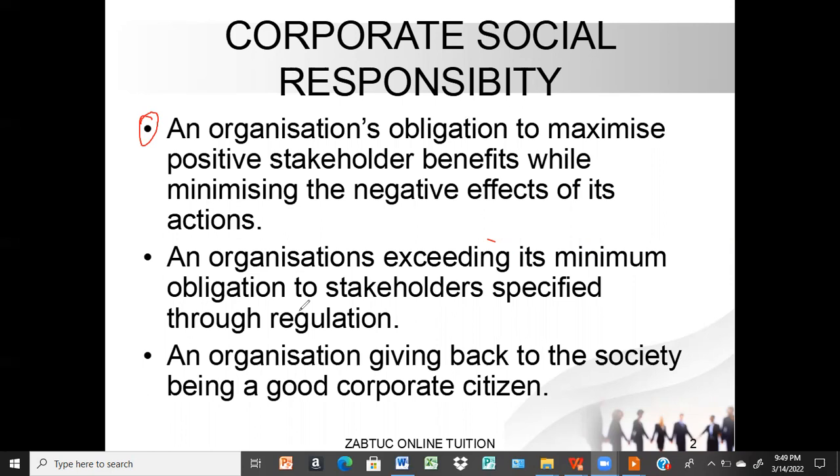What regulation states in terms of corporate behavior is just a minimum, but they want to beat that minimum. So CSR involves giving back to the society or being a good corporate citizen. That is what the theme is.